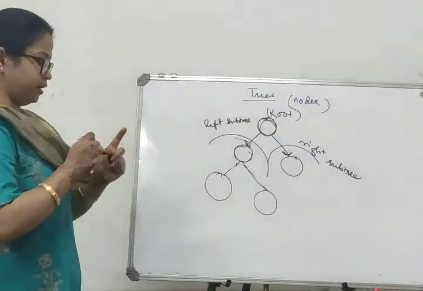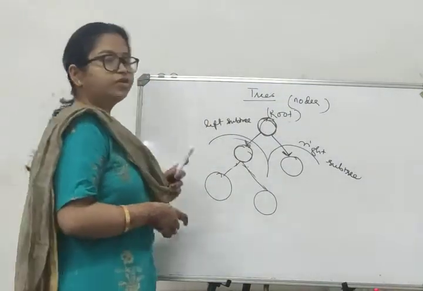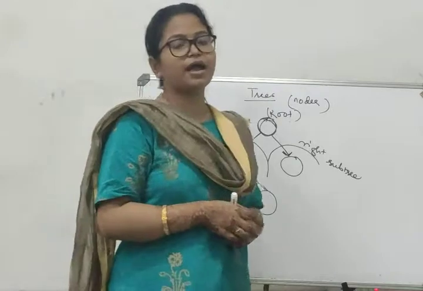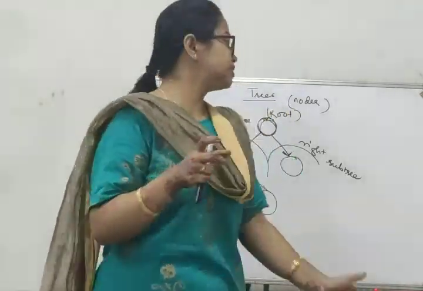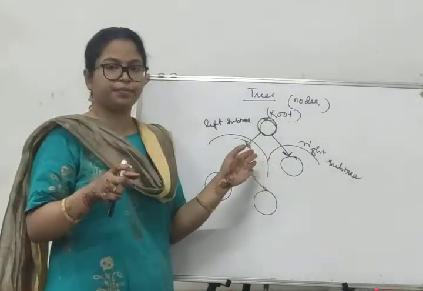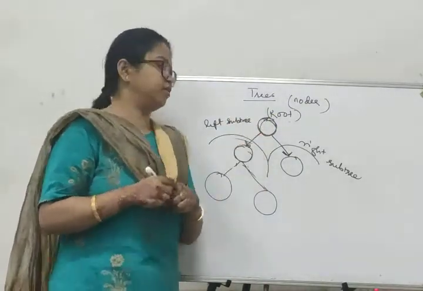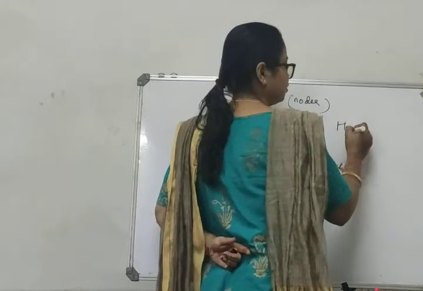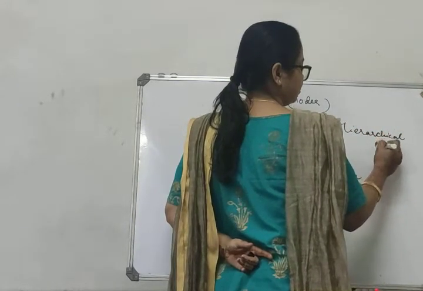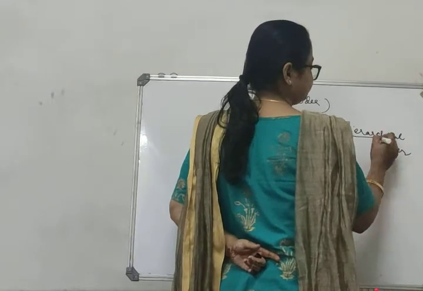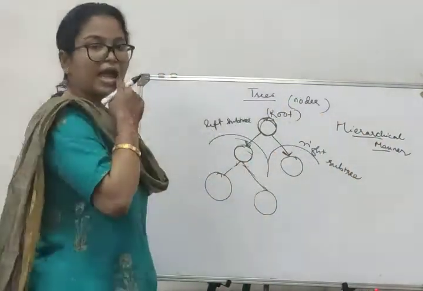I hope you got the idea now. A tree can be described as nodes connected in this kind of manner, in a hierarchical manner. Why is this called a hierarchical manner?